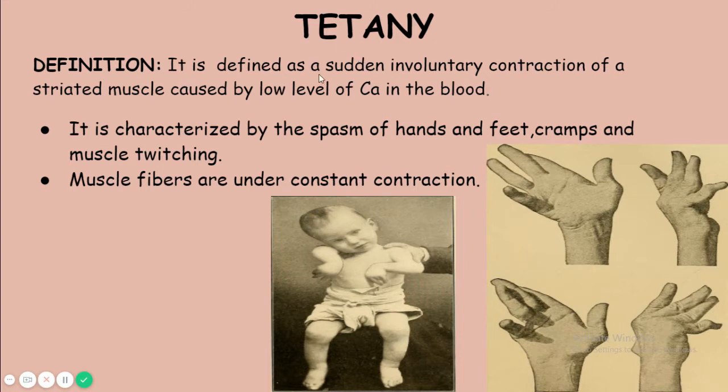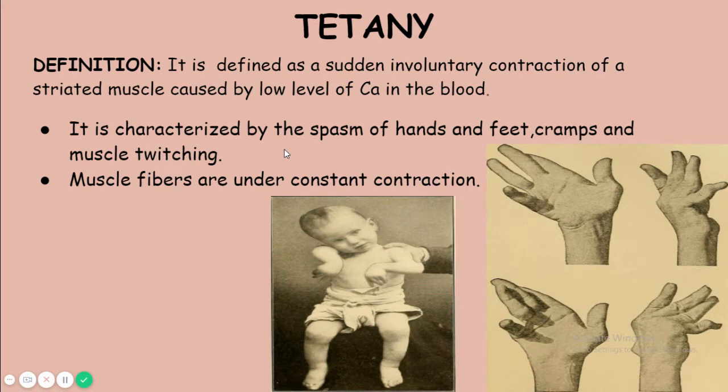It is characterized by the spasm of hands and feet, cramps, and muscle twitching. Tetany is mostly seen in the hands and feet. What do we mean by cramps? Cramps are the sudden involuntary contractions of the muscles of the hands and feet, mostly.